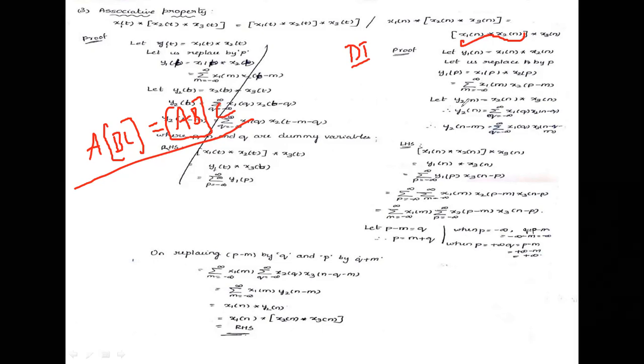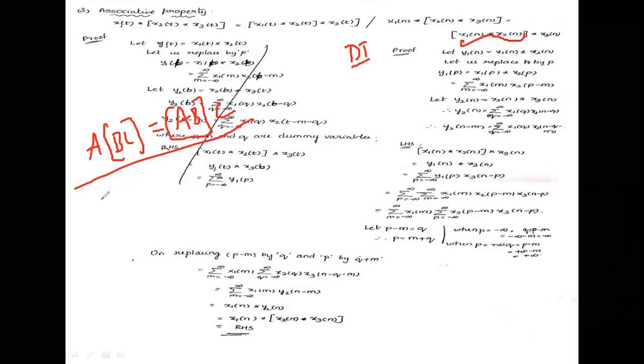Let y2 of n be equal to x2 of n with the convolution of x3 of n. I'm assuming y1 is x1 and x2, and y2 is x2 and x3. So y2 of n is equal to the sum, here I'm assuming q, q equal to minus infinity to infinity, x1 of q, x2 of n minus q.